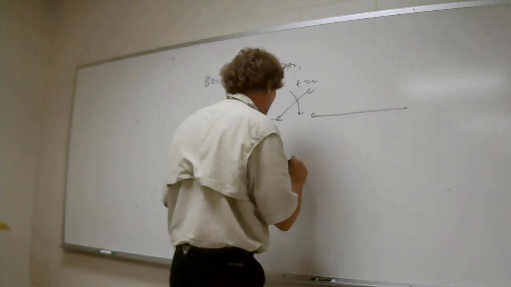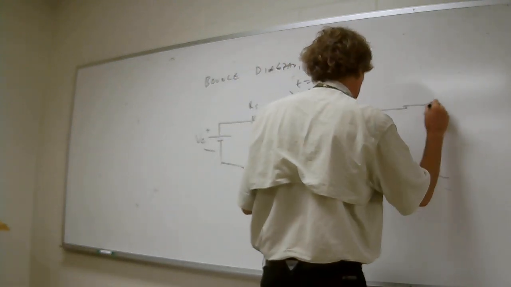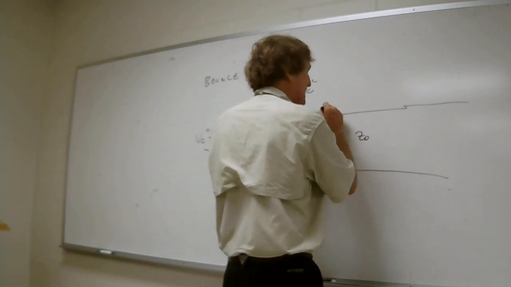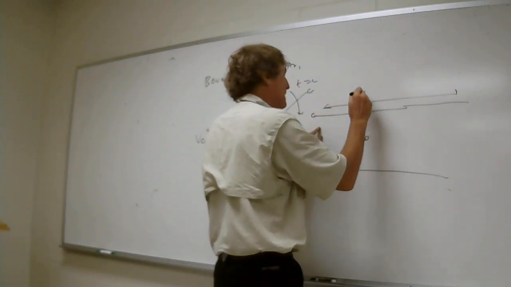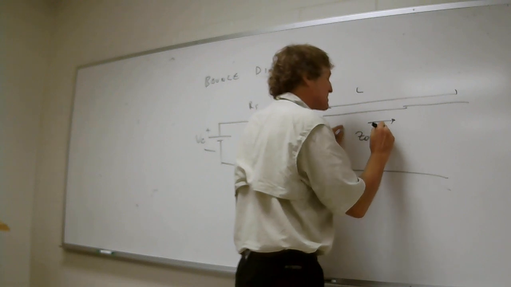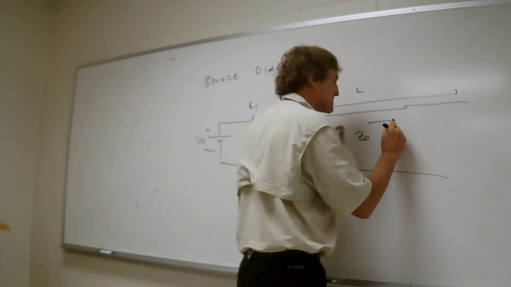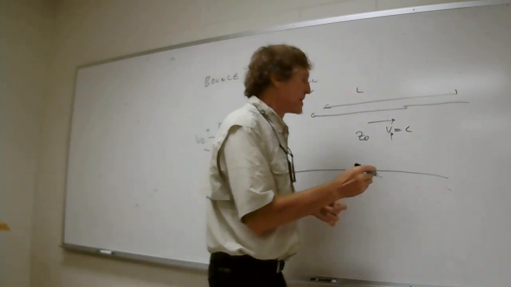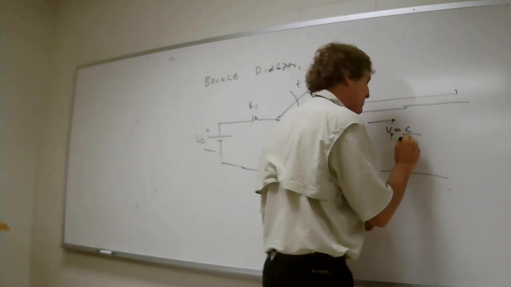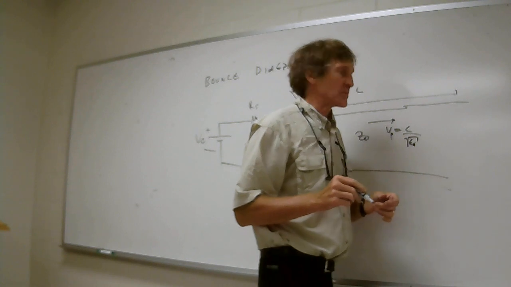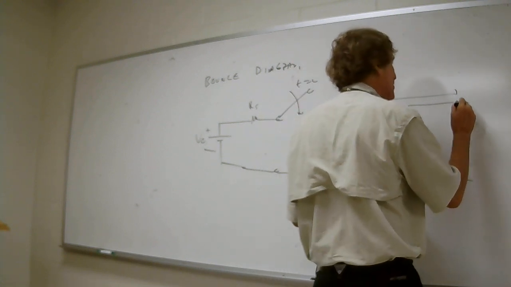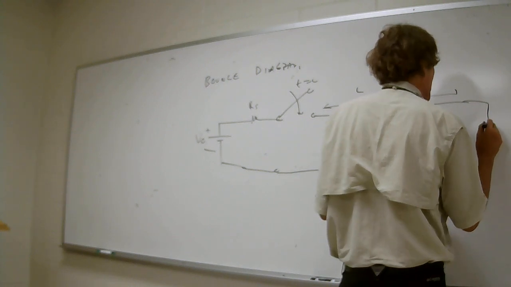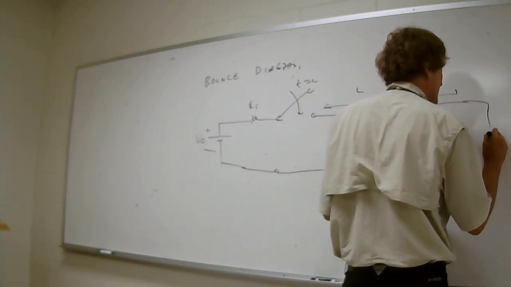Now I have a transmission line with characteristic impedance Z naught and a certain length L, and you assume the phase velocity is C. Sometimes it's C divided by the square root of epsilon relative, but epsilon relative is usually 1. Then you have a load here. This load is going to be strictly real for now, with a value of Z load.